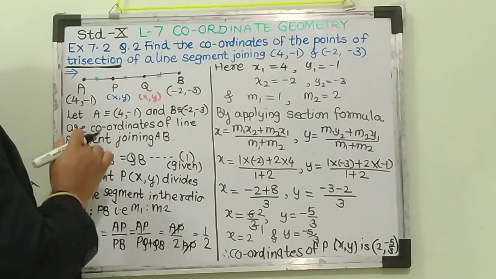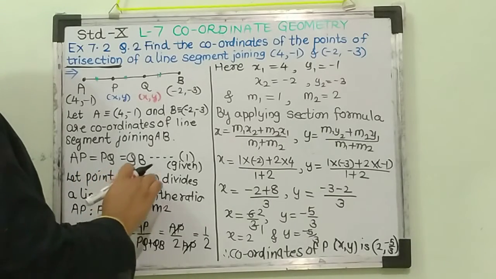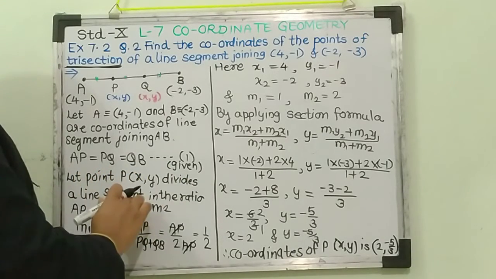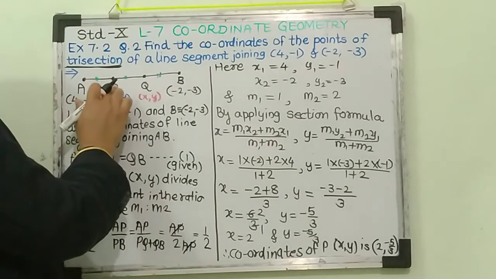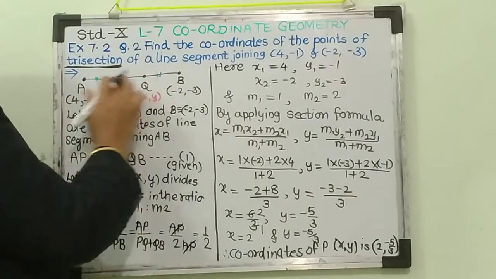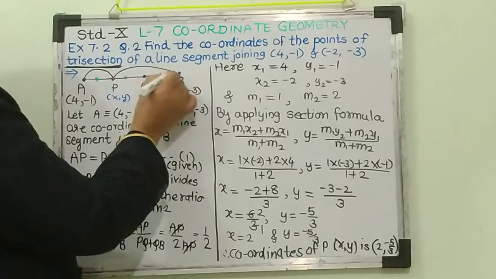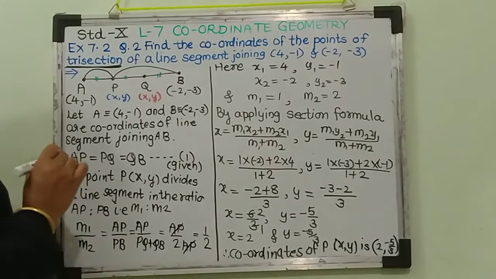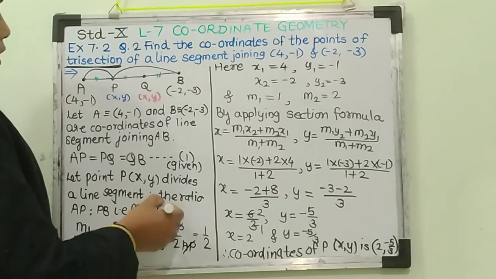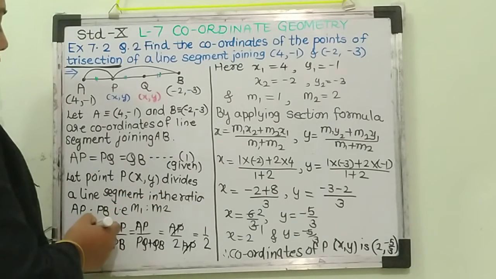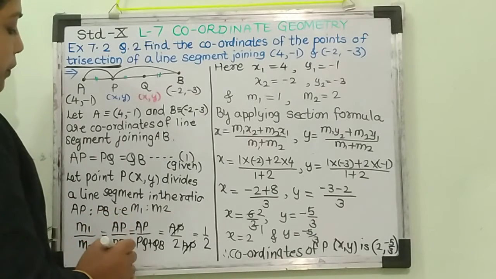So here I write AP equals to PQ equals to QB, that is equal parts in which the given line segment is divided. Then we take first point P, x comma y, which divides the line segment in the ratio AP is to PB, because from P the line segment is divided, so it will be AP and PB. Then that is M1 is to M2. So finding the ratio M1 is to M2, we take AP upon PB.